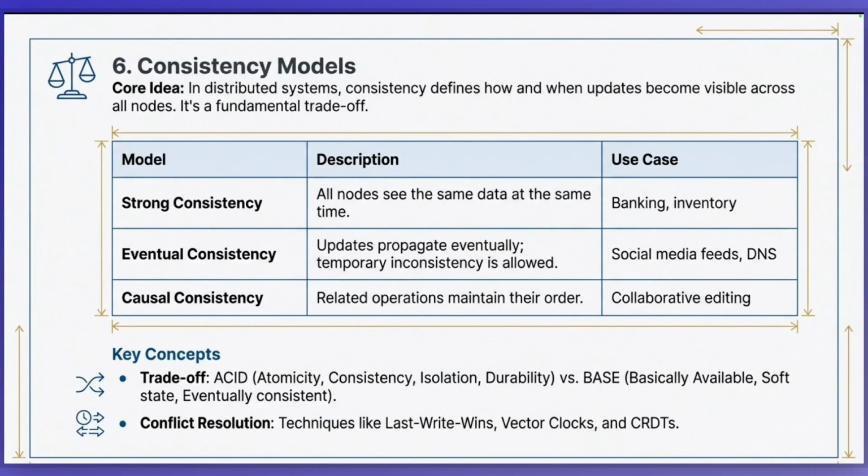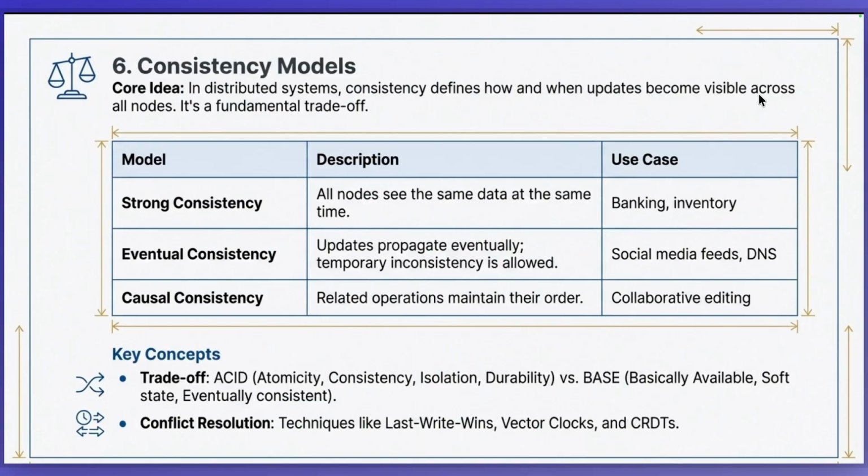So the consistency model defines how and when objects become visible across all nodes. But it's a fundamental trade-off, because every application has a different way of handling consistency.